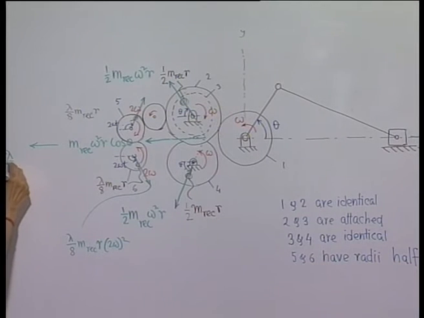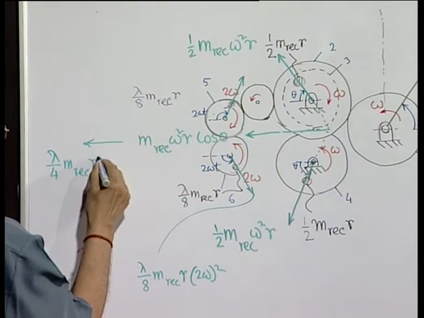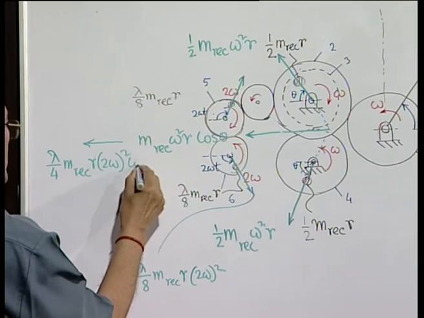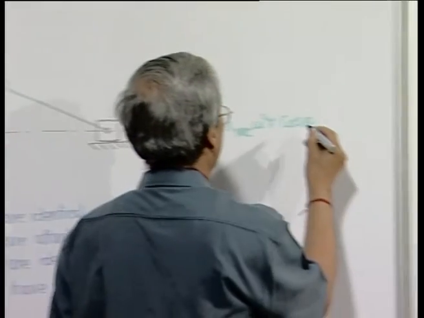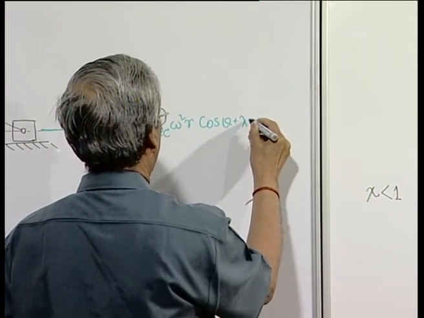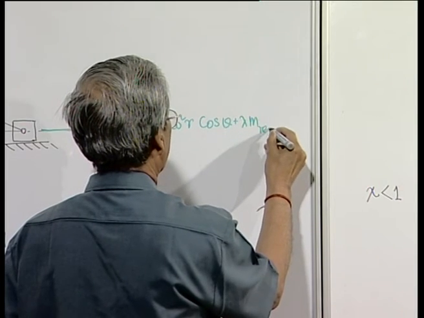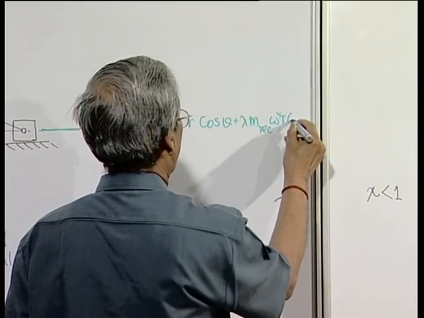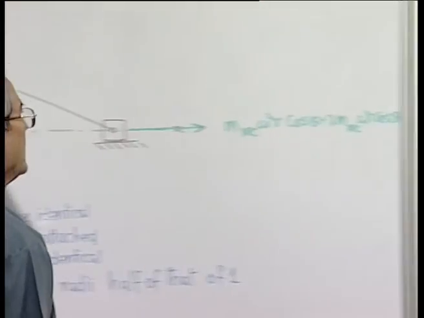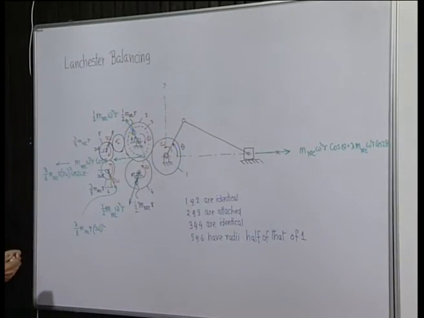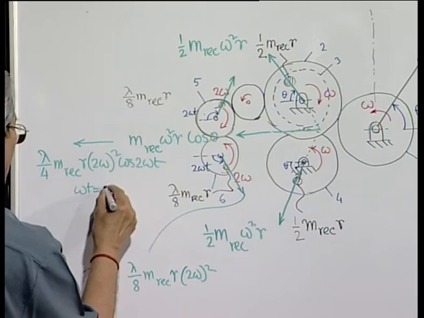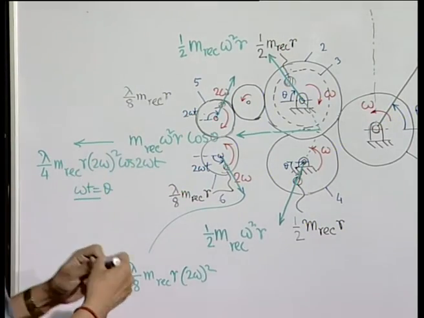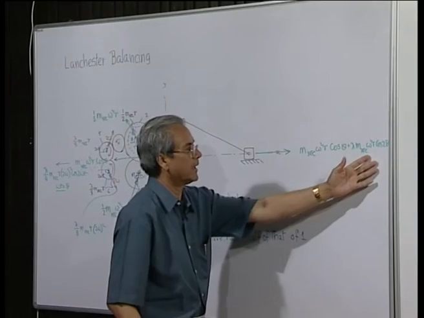So, it will be lambda by 4 m reciprocating r 2 omega square cosine 2 omega t, and the secondary force in this direction was lambda m reciprocating omega square r cosine 2 theta. You can find that omega t equals theta. So, this will again completely neutralize the secondary at every instant.